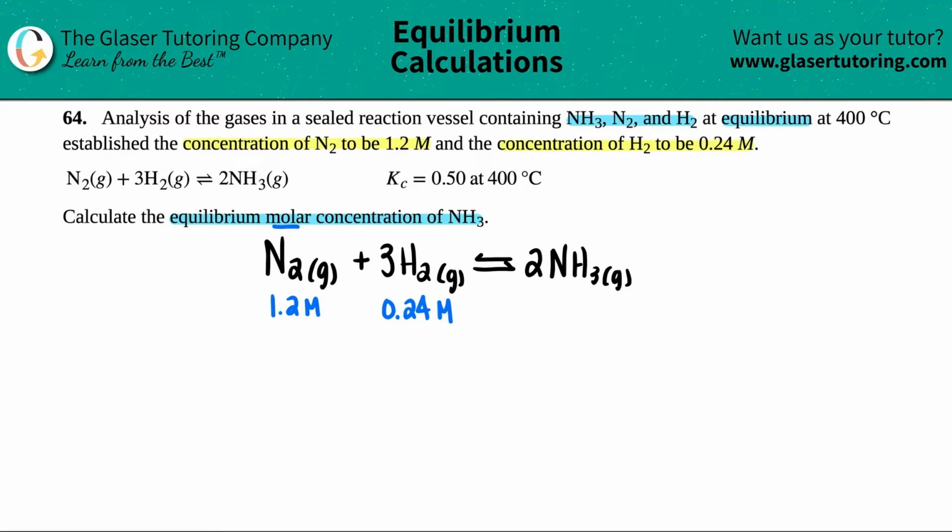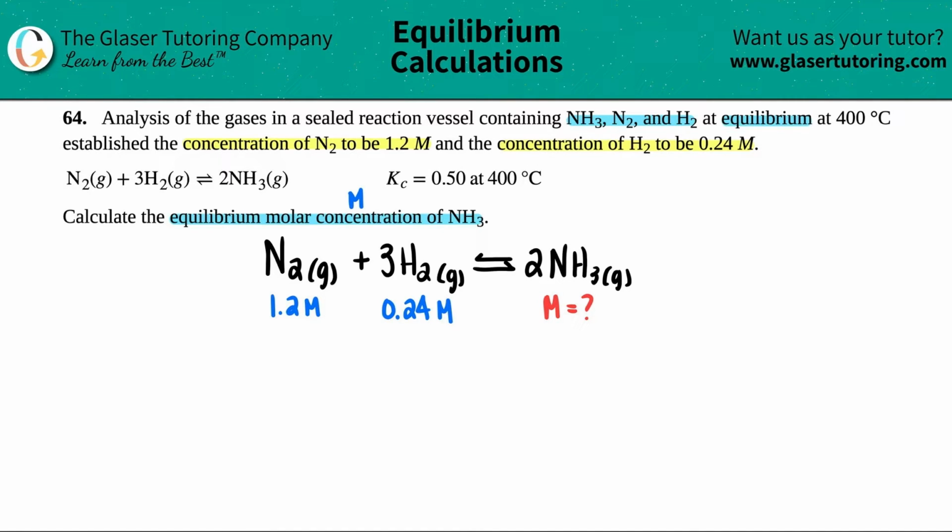Remember, concentration is just a fancy word for molarity, so capital M, and molar is molarity. They just dropped the I-T-Y at the end of this word. It's all leading towards molarity. So we basically just want to know what that molarity is for NH3.